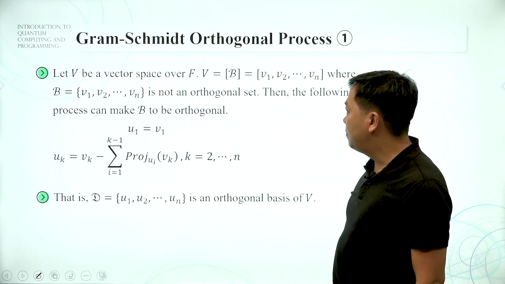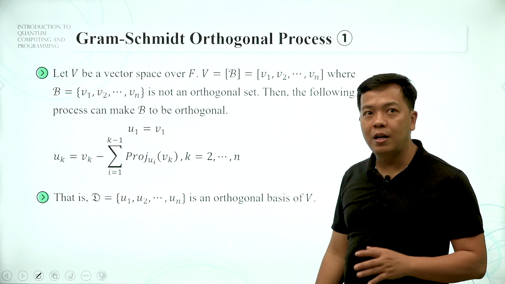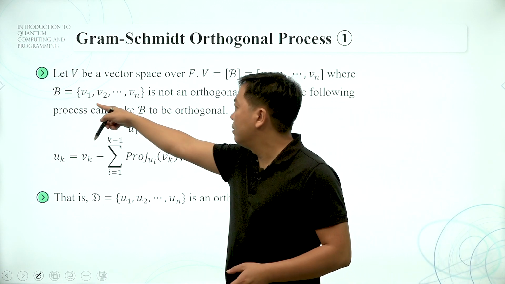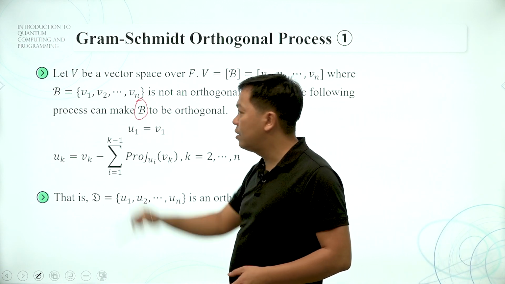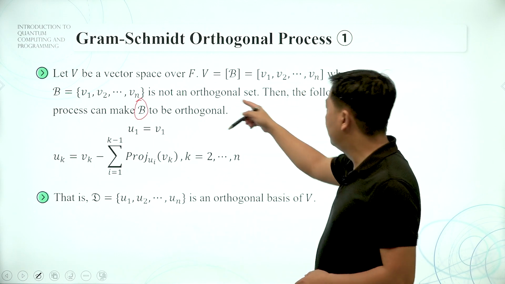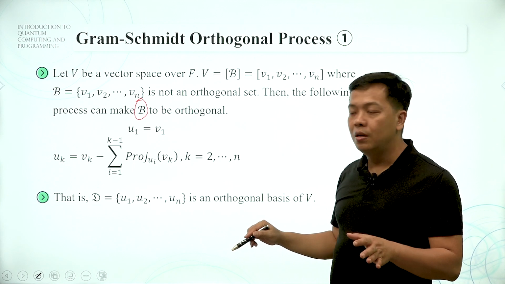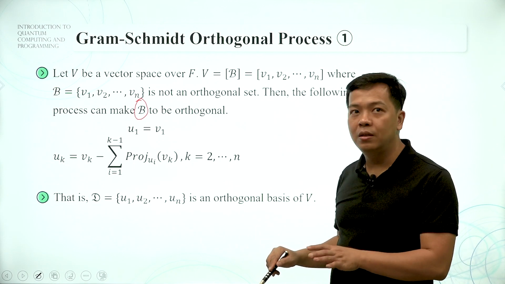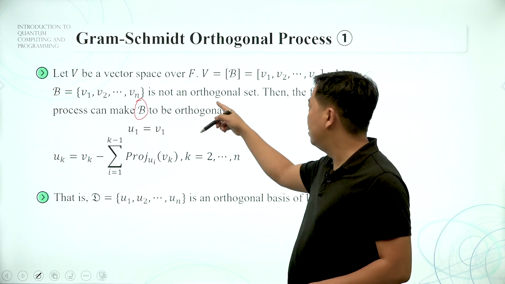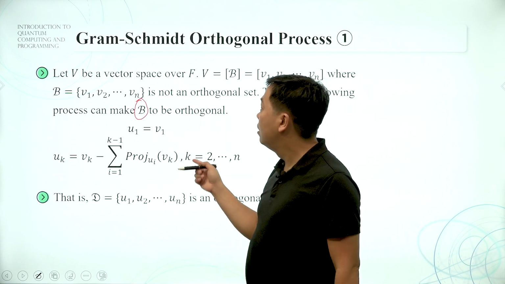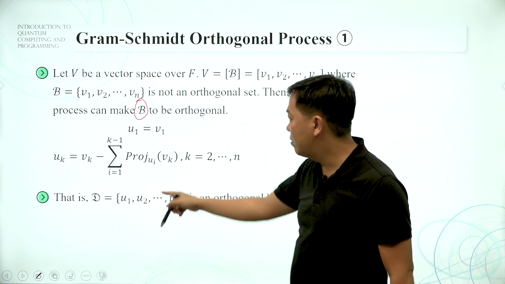If we have a basis that is not orthogonal, the process can transform the non-orthogonal basis into an orthogonal one, and that is called Gram-Schmidt.